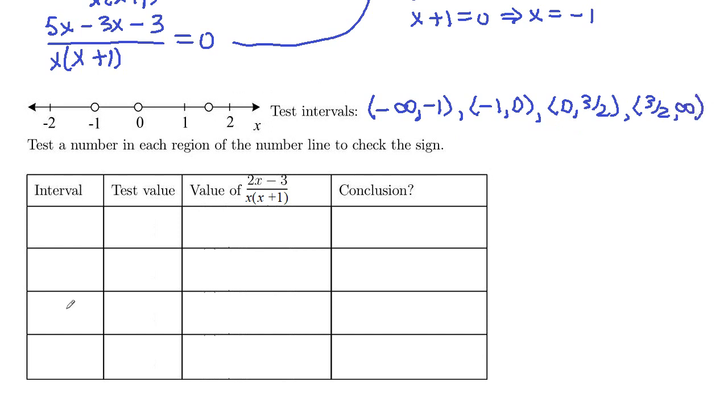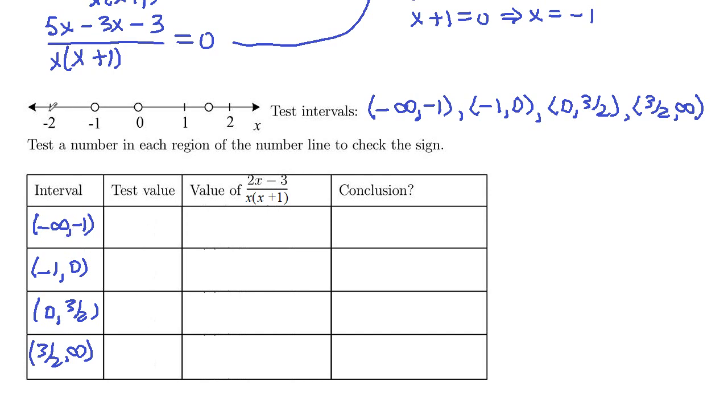And we'll transfer those down to the chart here. So negative infinity to negative 1. Negative 1 to 0. 0 to 3 halves. And 3 halves to infinity. And then we pick a test value inside each interval.